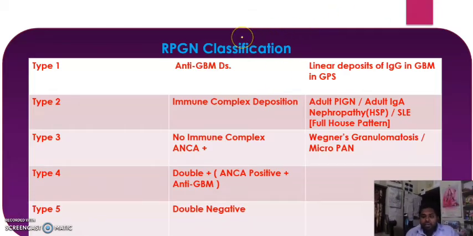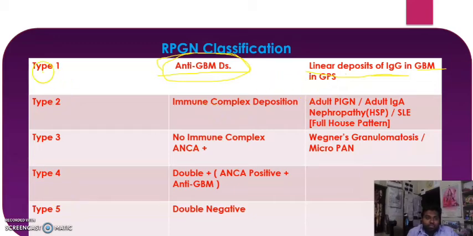RPGN classification according to the etiology. Type 1 is Goodpasture syndrome. In Goodpasture syndrome, anti-glomerular basement membrane antibody is formed, which gets deposited in the basement membrane. So if you do immunofluorescence, there will be linear deposits of IgG in the glomerular basement membrane.